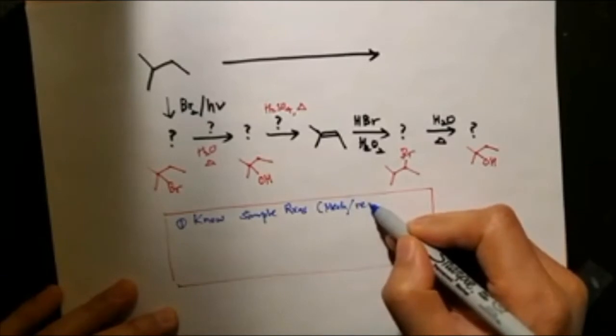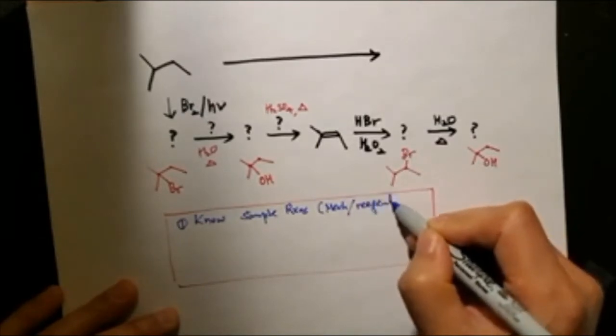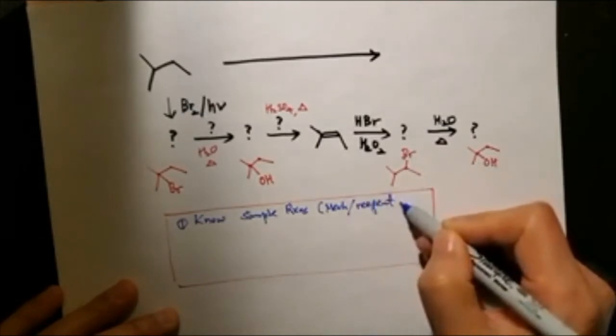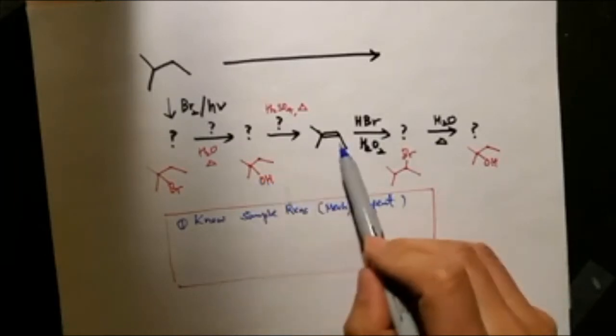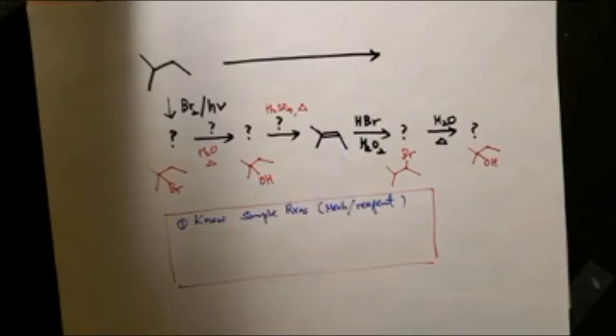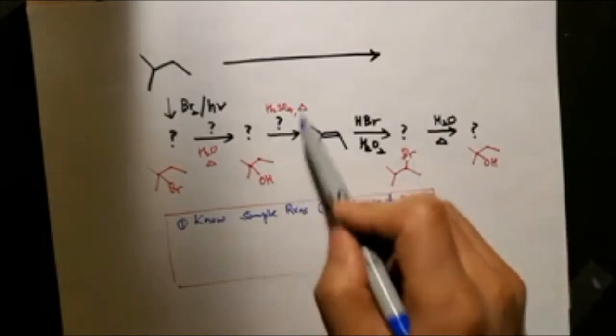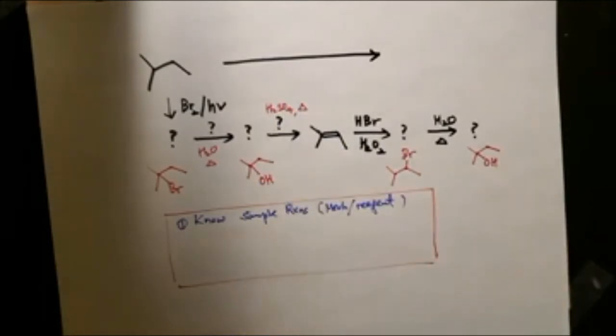Also, you need to know what reagent is used for a certain transformation, because you don't always get the reactant and the reagent. You get situations where you have reactant and product, then you need to come up with what reagent allows that assumed reaction.